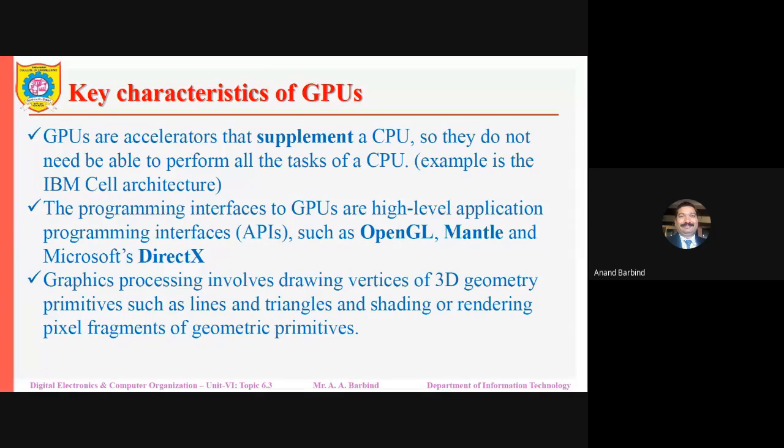Then after that comes the shading of certain areas. With these basic operations, it may draw complex graphics which can be displayed on the screen.